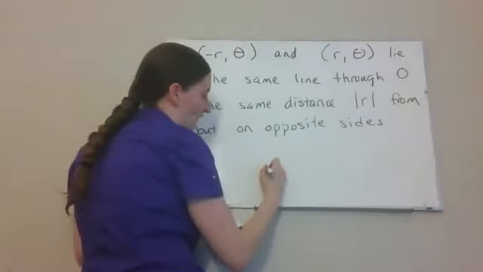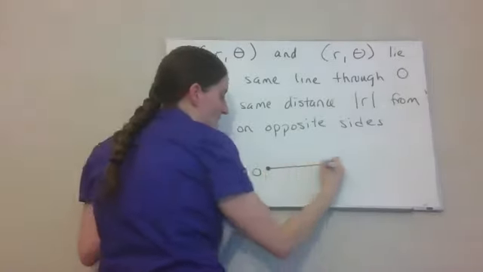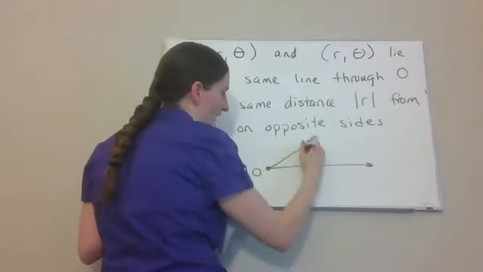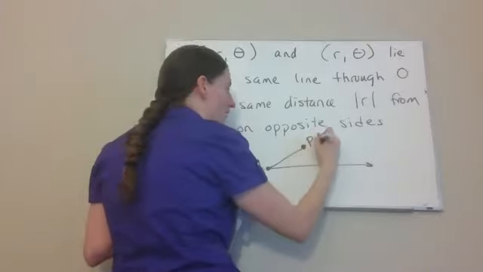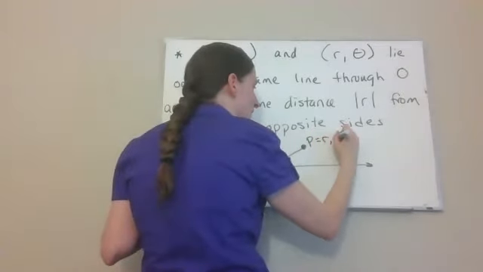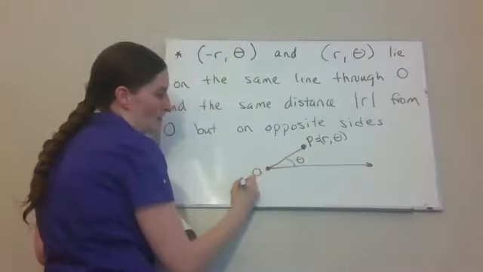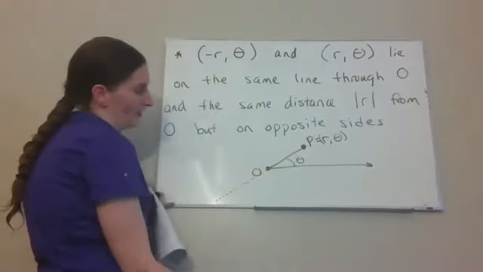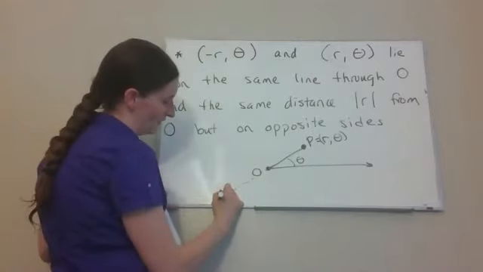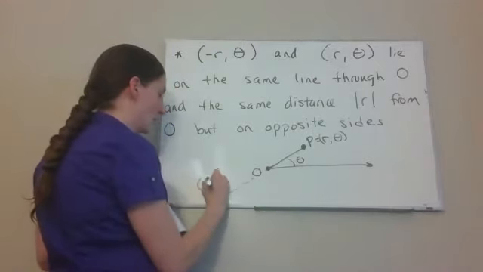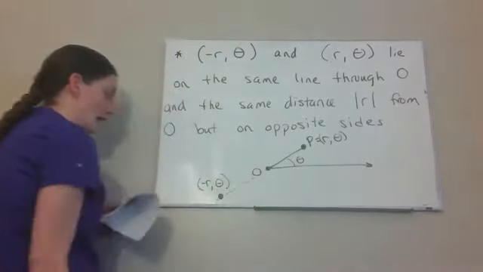So if this is my O, and let's say here's my point P, which is (r, theta), then over here, on that same exact line and the same distance, I have some other point that we're calling (negative r, theta).